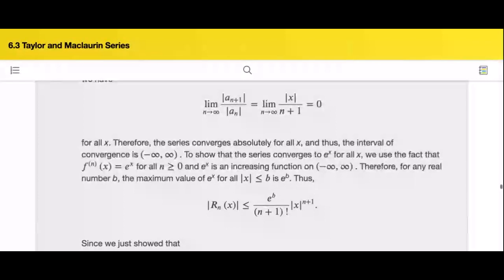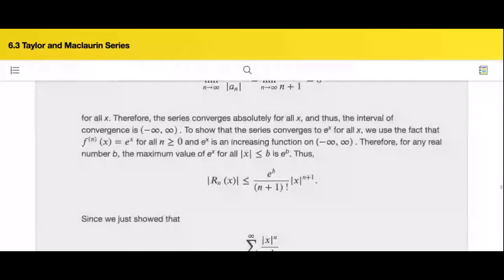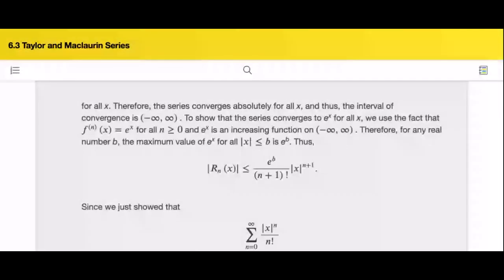So show the series converges for all x. We use the fact that the nth-order derivative of e to the x still equals e to the x, right? For all n greater than or equal to 0, for all n non-negative. So e to the x is an increasing function, right? Because e is 2.71 something.